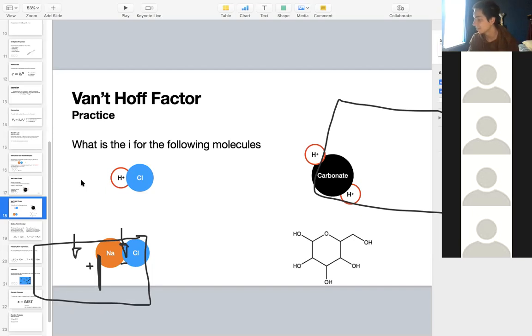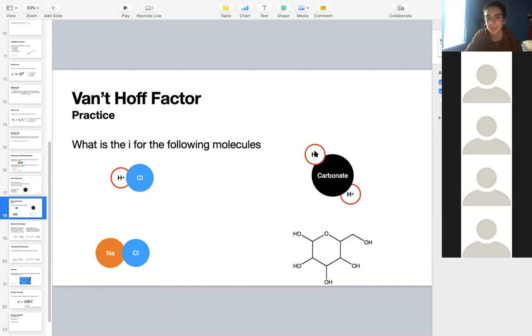So what would our Van Hoff factor be? I think it is 3. Yes, so it would be 3. So we have 1 H plus, our carbonate ion, and another H plus for a Van Hoff factor of 3.